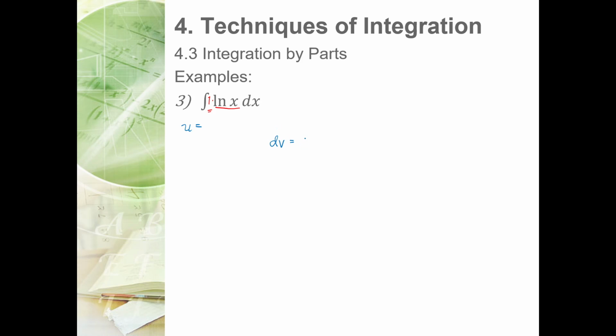If we try to place ln x here with dx, notice that we don't have any formula for its integral. Right? We don't have any integral for ln. So we cannot place ln x here.